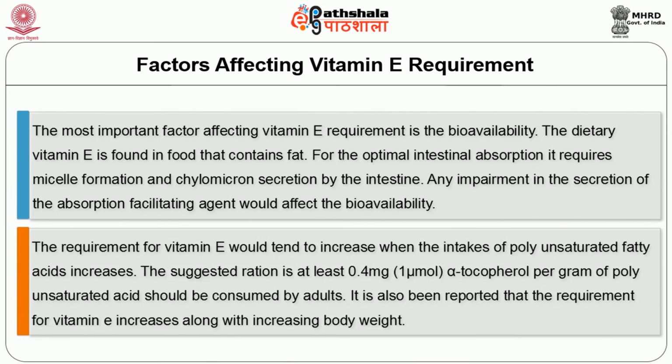The requirement for vitamin E would tend to increase when the intake of polyunsaturated fatty acids increases. The suggested ratio is at least 0.4 mg alpha tocopherol per gram of polyunsaturated fatty acid should be consumed by adults. It has also been reported that the requirement for vitamin E increases along with increasing body weight.